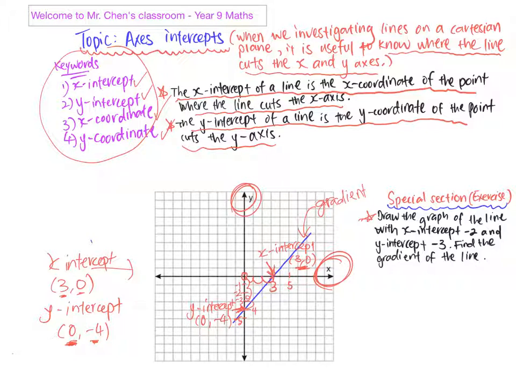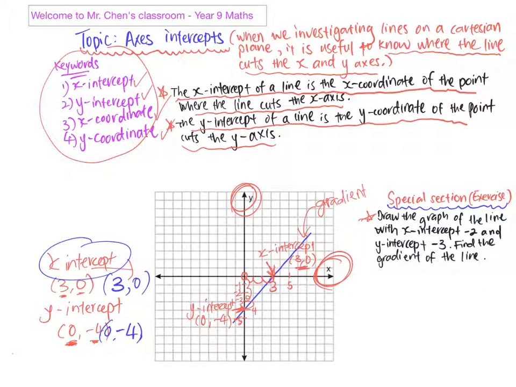So in this case, the x-intercept is actually 3 and the y-intercept is actually -4. From there you can know straight away it has a 0 in it. The y-intercept went past the y-axis, so it won't have a number for your x-coordinate.